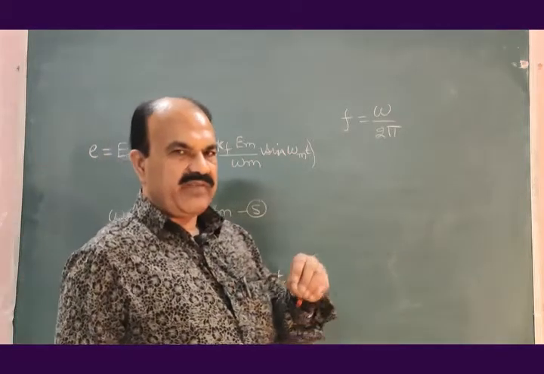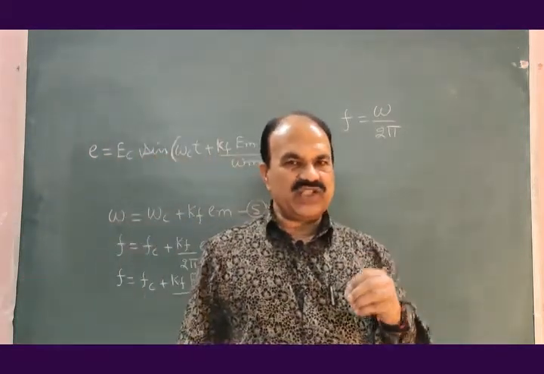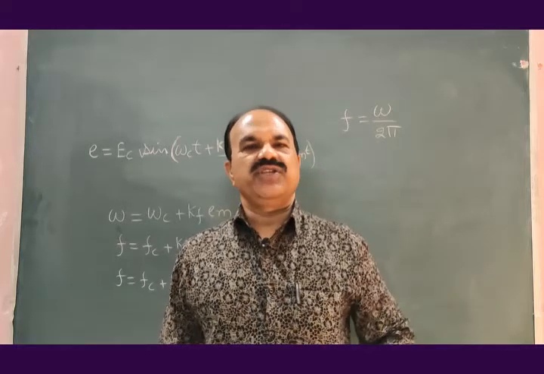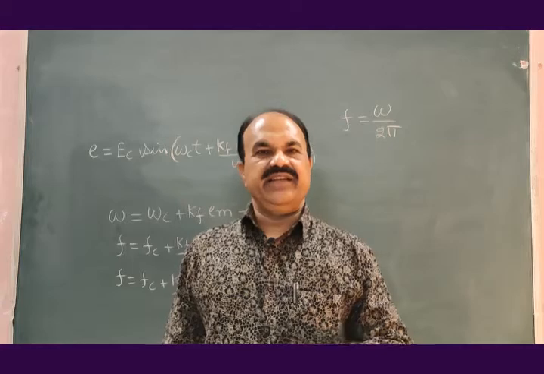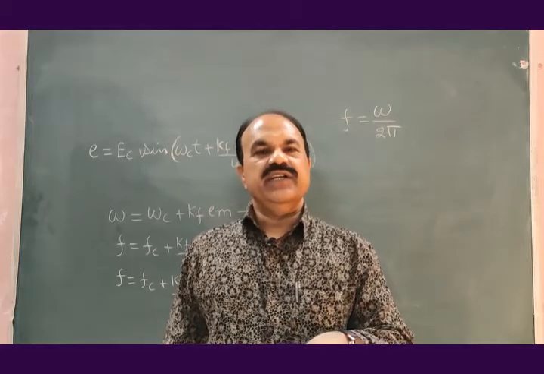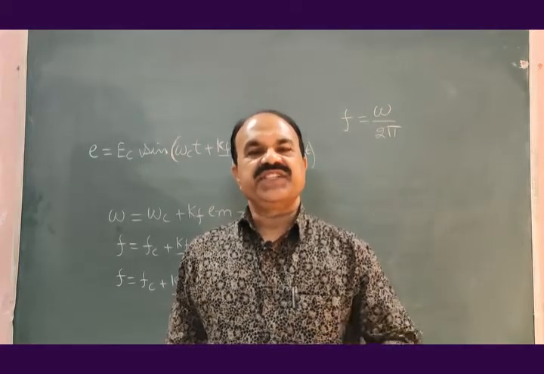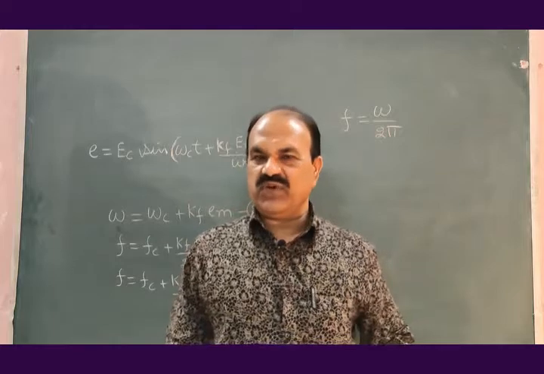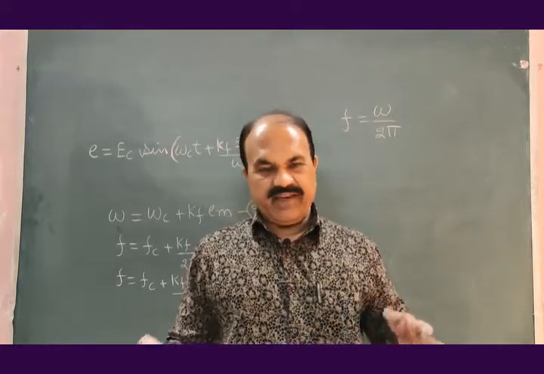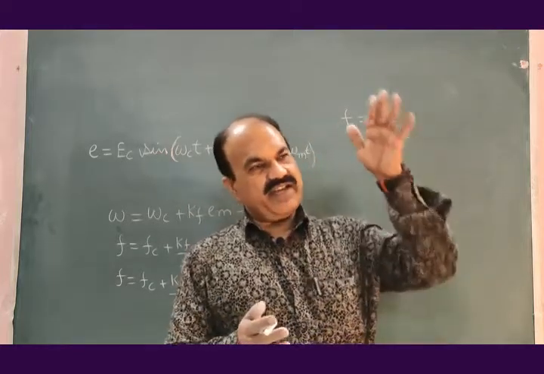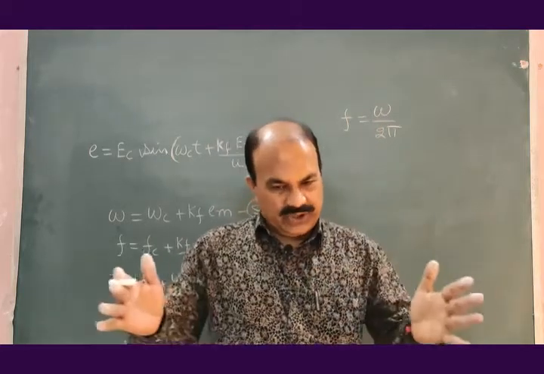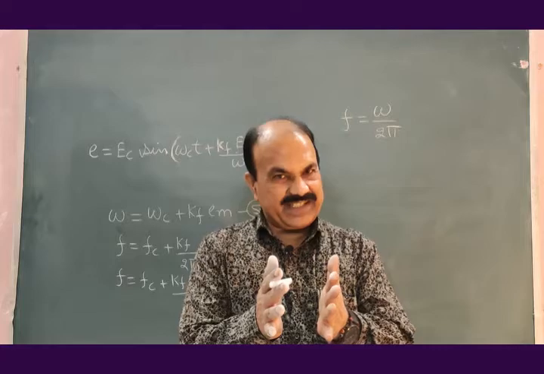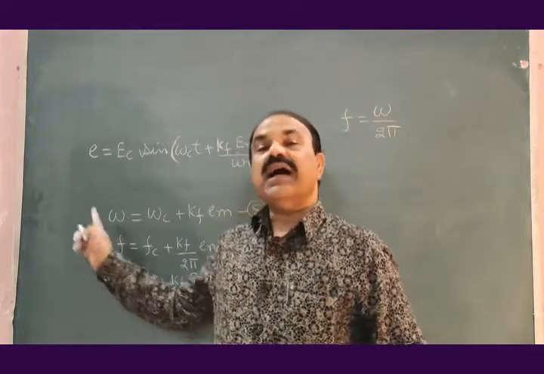What we are doing in frequency modulation, we are changing the frequency of the carrier continuously in accordance with the instantaneous value of the modulating voltage. So whenever the modulating voltage has a higher instantaneous value, the frequency will be increased. So F will be large.